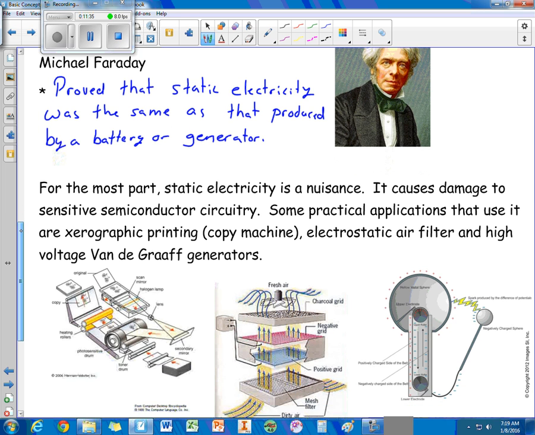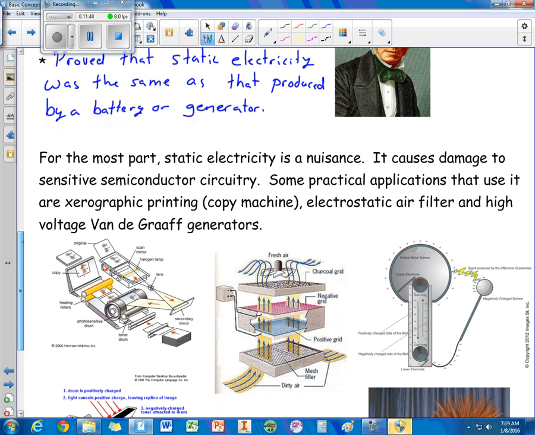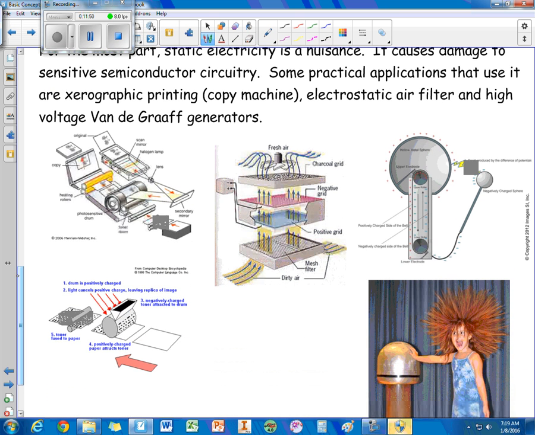For the most part, static electricity is a nuisance. It'll cause damage to sensitive circuitry. There's not really a whole lot of use for it. Well, I mean, there are some practical uses for it. One practical use for static electricity is a Xerox machine, the thing that I use to make your tests and quizzes. That uses static electricity, and I have some diagrams for how that works here.